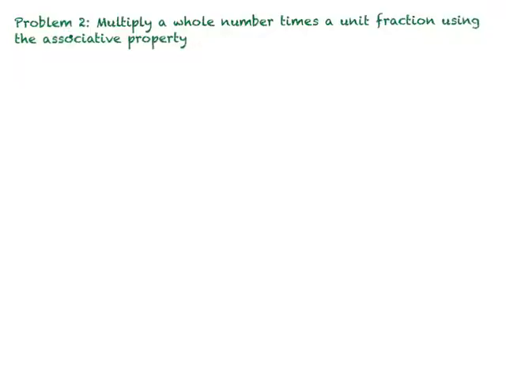This problem would be solving the same problem. 6 times 1/2 equals what? We don't know yet. But we're going to use the number line and the associative property to solve it. So let's start out.